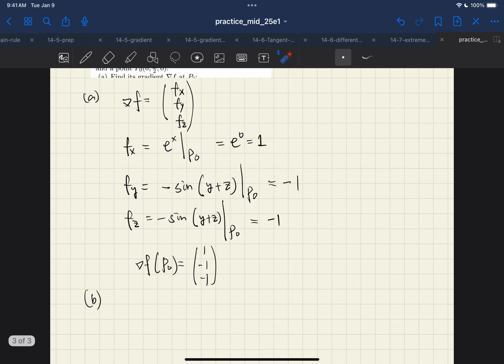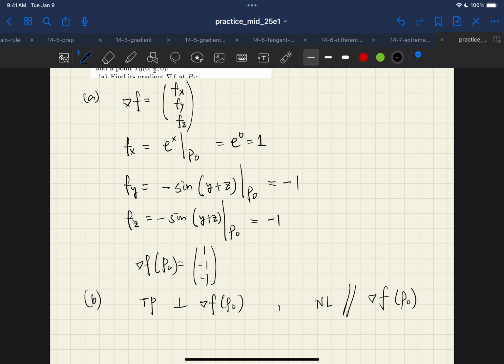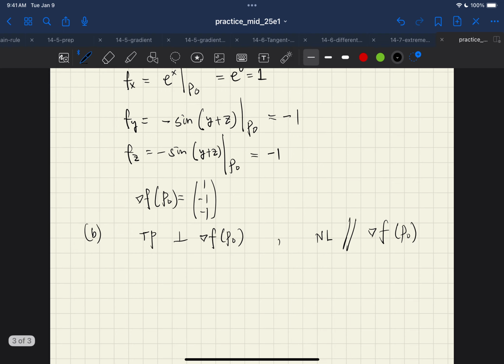So the tangent plane is orthogonal to the gradient of f at p0, and the normal line is parallel to the gradient of f at p0. If you know this behavior, then we can write the equations.